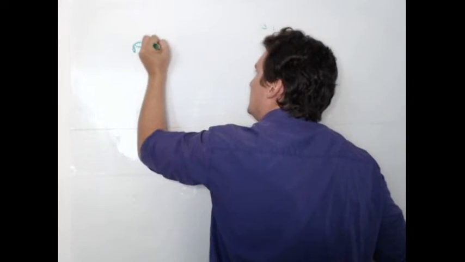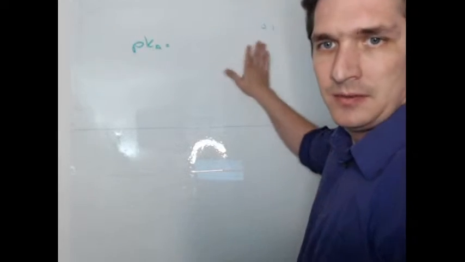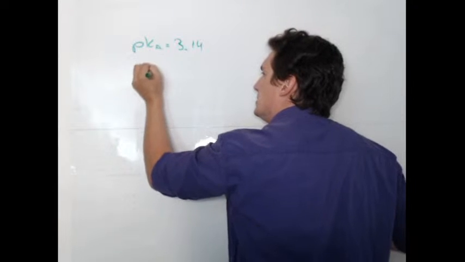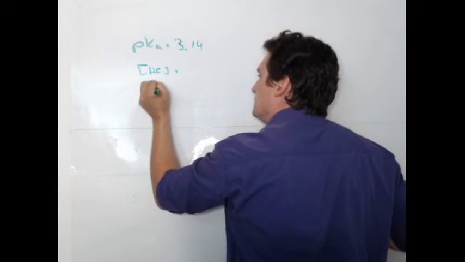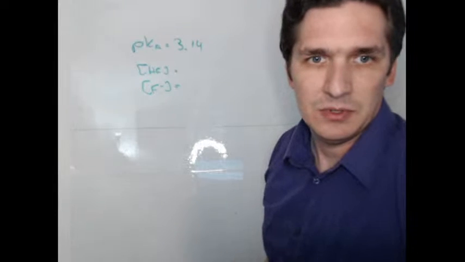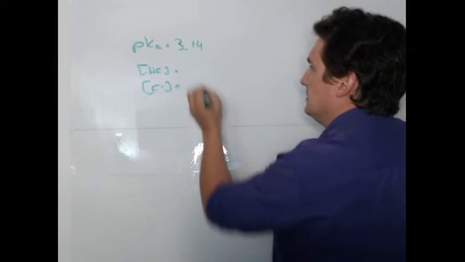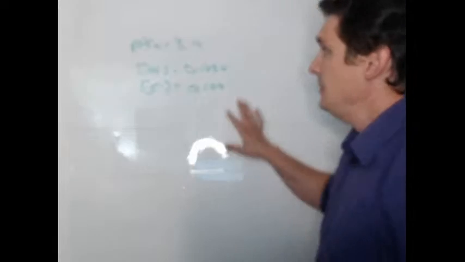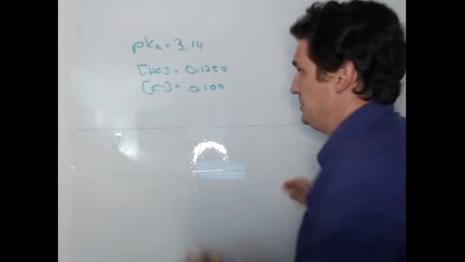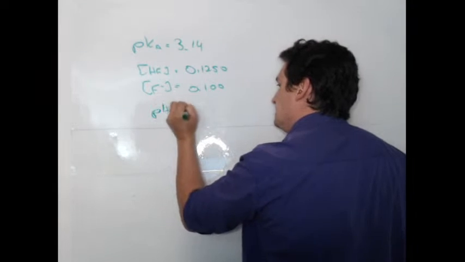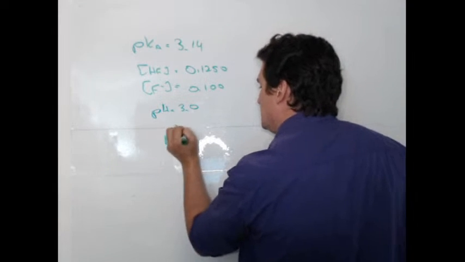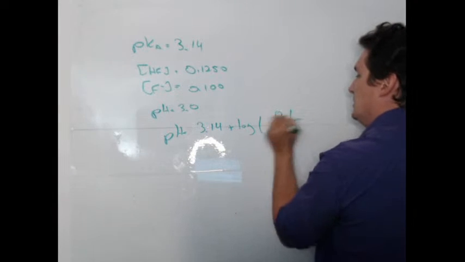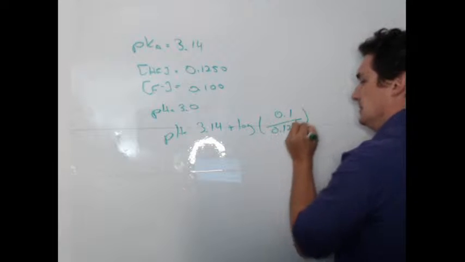We have a pKa here of 3.14, and the concentration of HF and the concentration of fluoride equals 0.125 and 0.100. By the IC table, we should get a pH equals 3.0. So if we take Henderson-Hasselbalch, pH equals pKa 3.14 plus the log of 0.1 divided by 0.125.